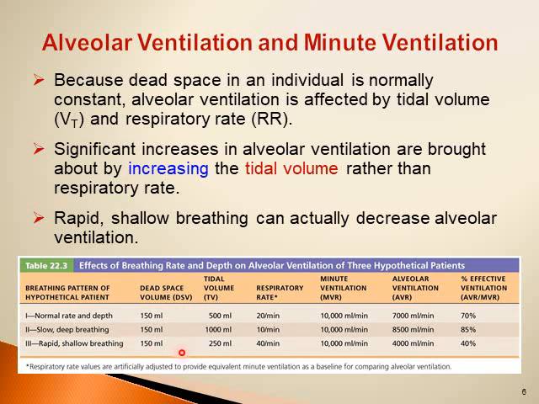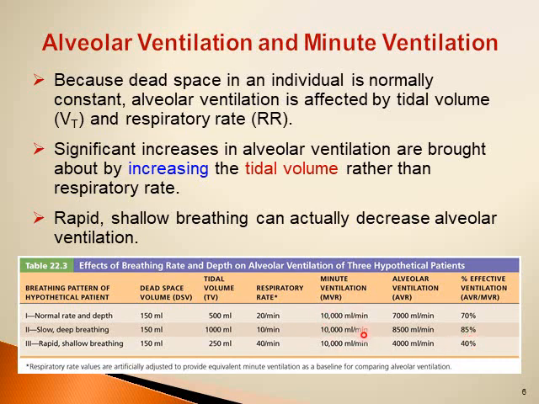Now if we subtract the dead space volume from the tidal volume, we have 100 ml multiplied by 40, so we get an alveolar ventilation of 4,000 milliliter per minute, which is 40% effective ventilation.